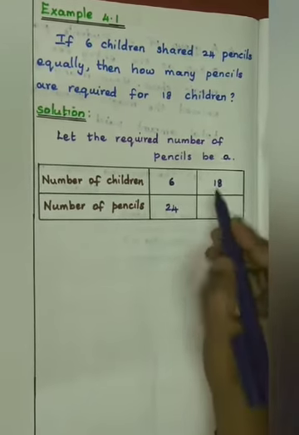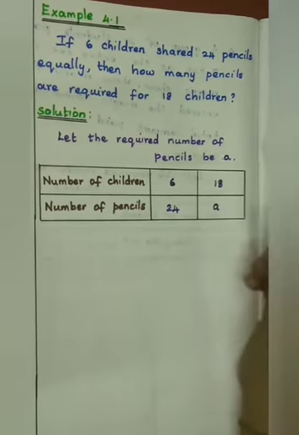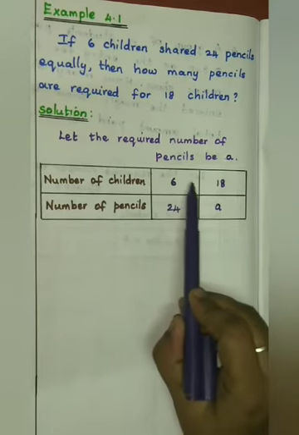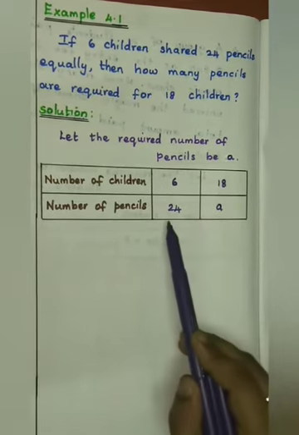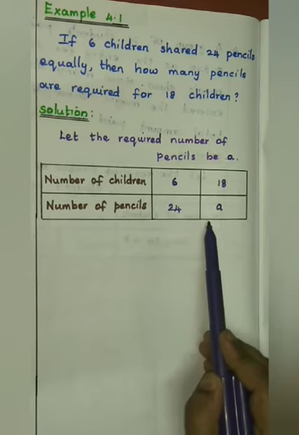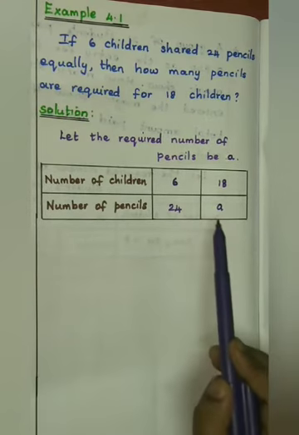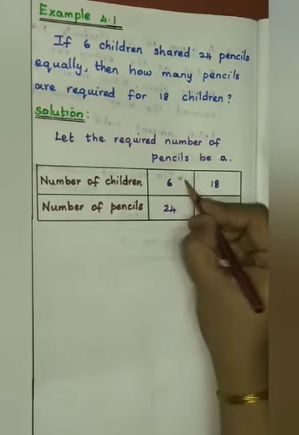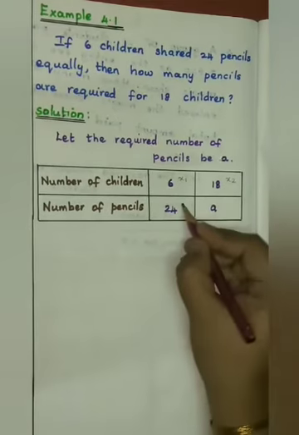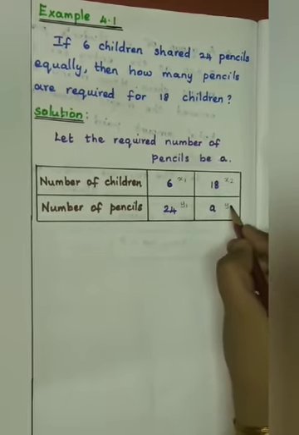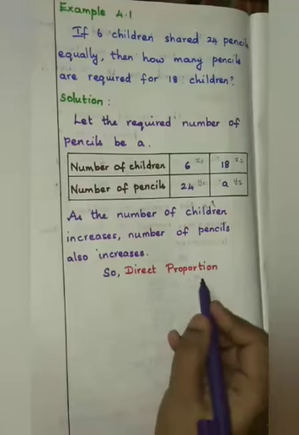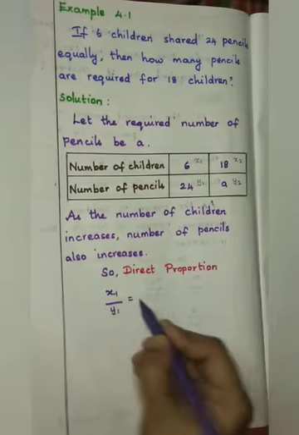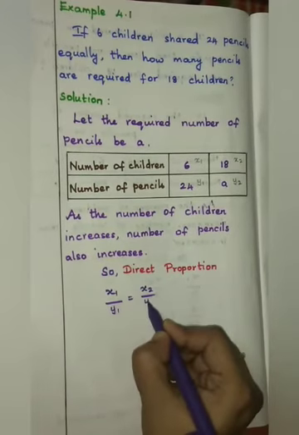We have to find the number of pencils, so put A here. Then we know that as the number of children increases, the number of pencils required also will increase. So this is direct variation. You take this as x1, x2, y1, y2. In direct proportion, we know that x1 by y1 equal to x2 by y2.